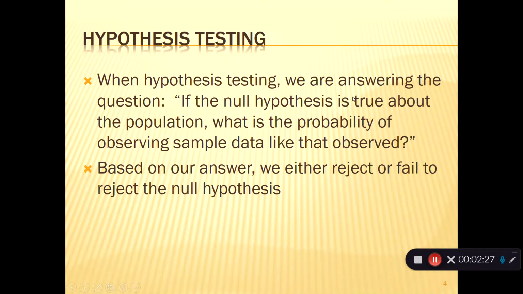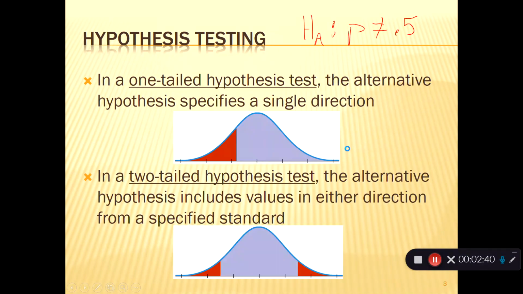When hypothesis testing, we're answering the question, if the null hypothesis is true, what's the probability of observing sample data like that we obtain from our sample? Remember, this is a sampling distribution. It should be centered at whatever my population proportion is, P. So most of my samples will fall in this region, in the middle.